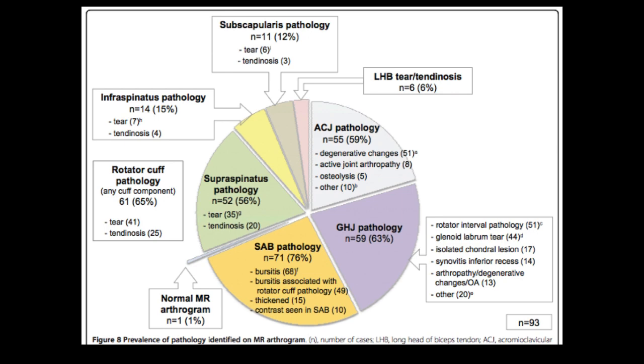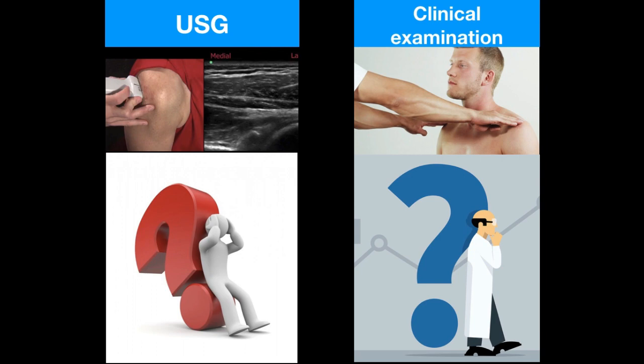Out of these 203, only 93 patients, which is less than 50%, had a positive MRI. And in MRI, there are overlapping pathologies; pathology of not only one structure, but of multiple structures has been noticed.